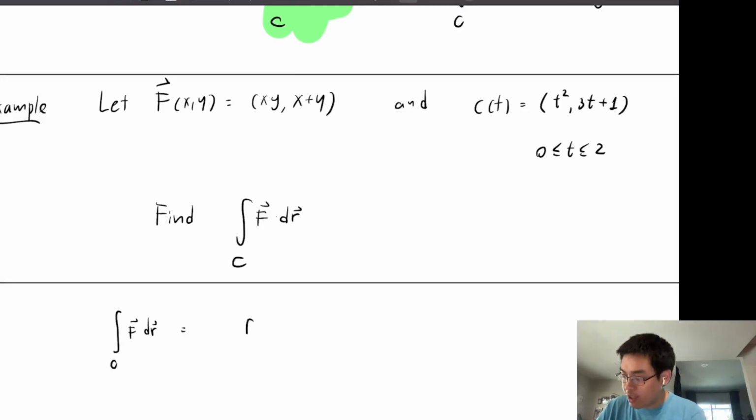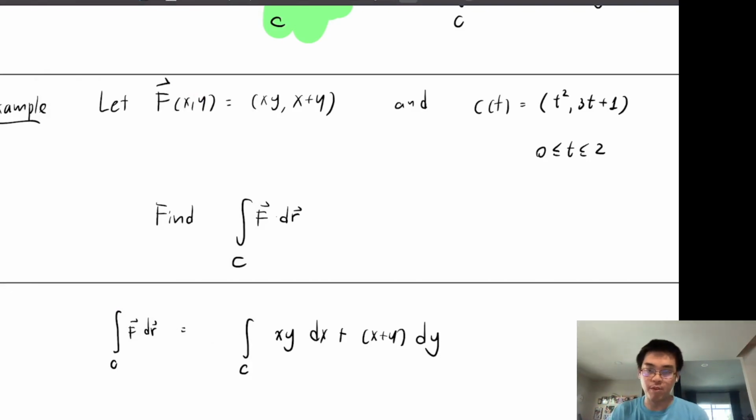We integrate over C still, and you do the first part dx. What is the first part? The first part is xy dx, and then the second part is x plus y dy. Very simple.